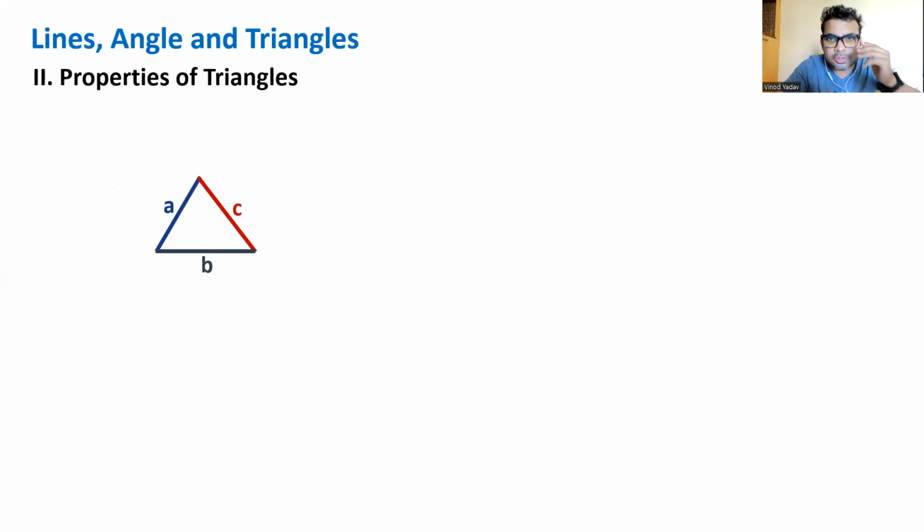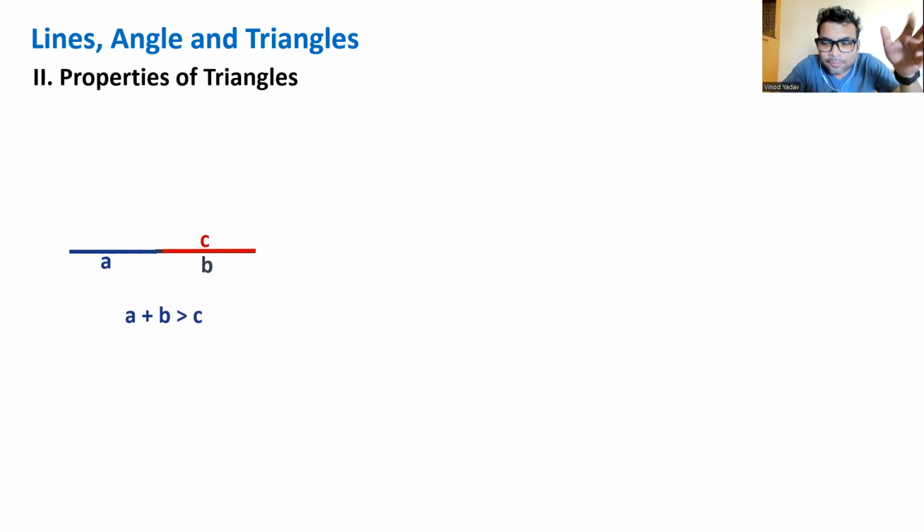See this logically first. First visualize. So this is A. I just opened it and made it flat. So A plus B is a total horizontal line. Now let's see if this C is equal to A plus B. As of now you saw that A plus B is more than C, so the triangle was there, which we dismantled. Now what if A plus B is less than or equal to C?